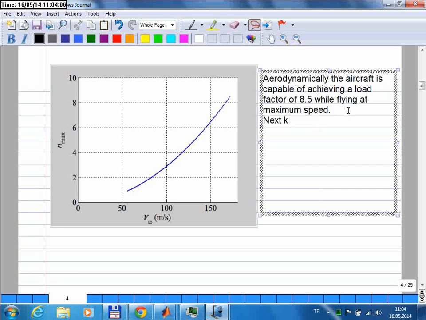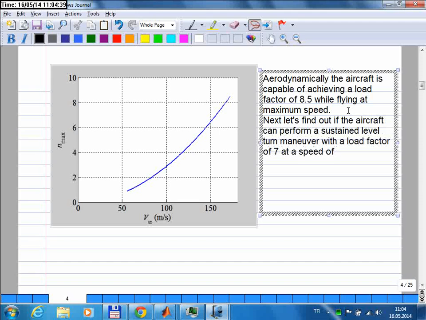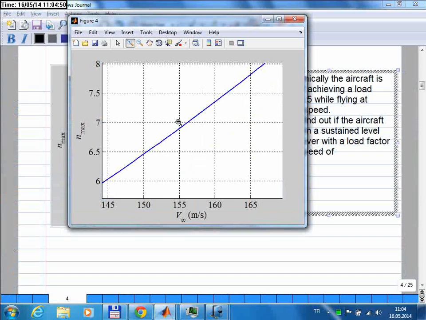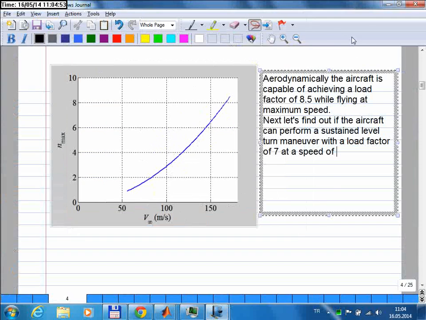Next, let's find out if the aircraft can perform a sustained level turn maneuver with a load factor of 7, for example, at a speed of 156 meters per second.